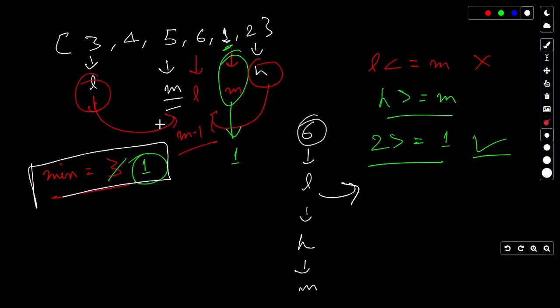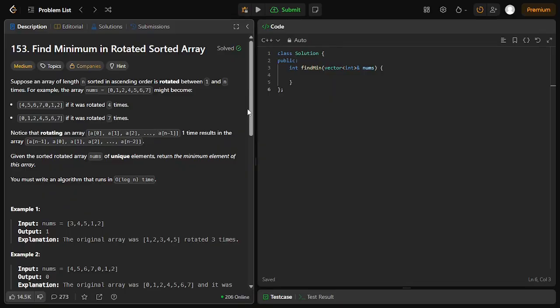So now let's try to implement this problem. Since now we have discussed the logic of this problem, let's get started. We can take res initially as int max.